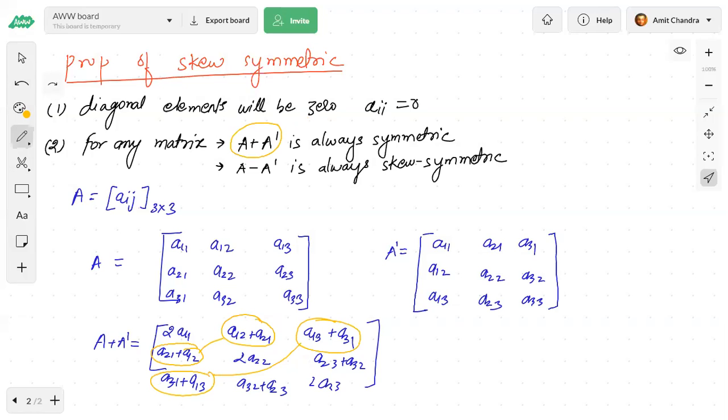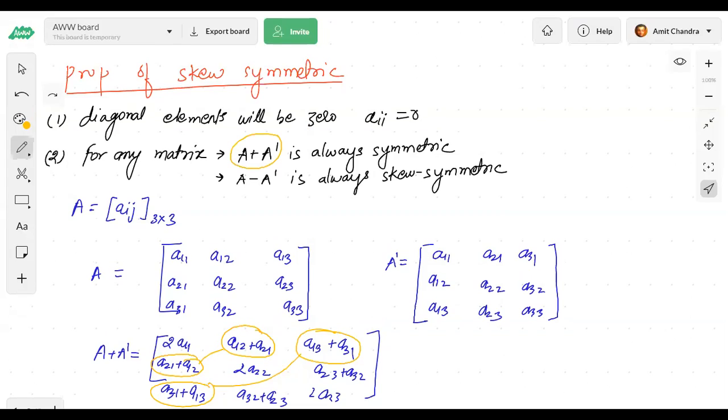Understood? And if you subtract any matrix and its transpose, suppose in the same example I subtract these two elements, this one and this one.